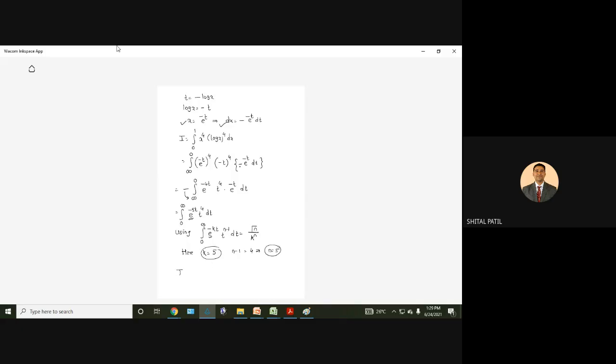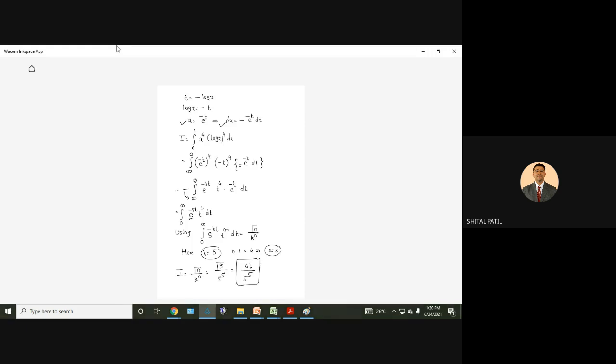So the value of the integral is gamma n divided by k raised to n, that is gamma 5 divided by 5 raised to 5, which is 4 factorial divided by 5 raised to 5. This is the answer.